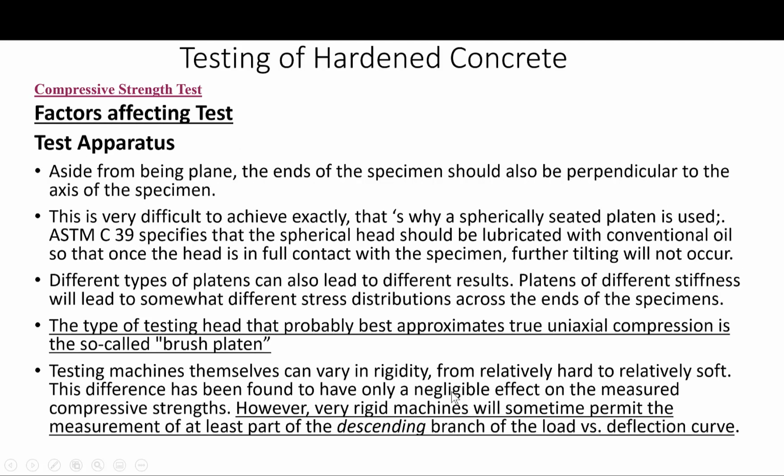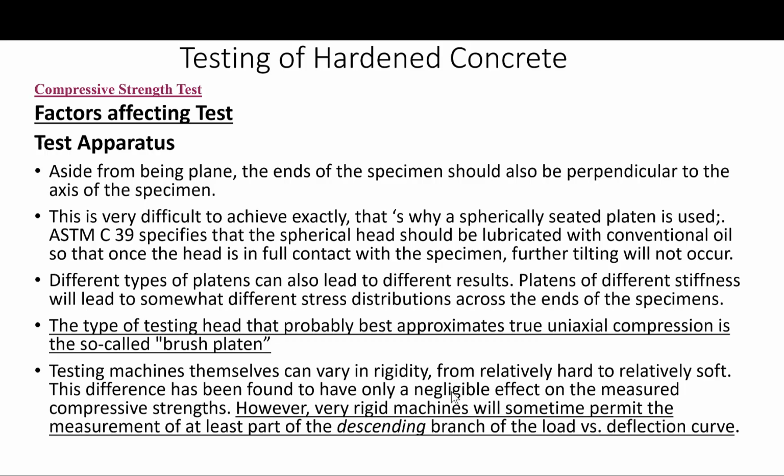The second factor is the test apparatus. As well as being plane, the ends of the specimen should be perpendicular to the axis of the specimen. Since this is very difficult to achieve exactly, a spherically seated platen is used. A small deviation from parallelism will then not affect the strength a lot.